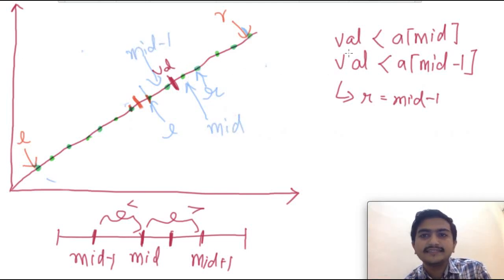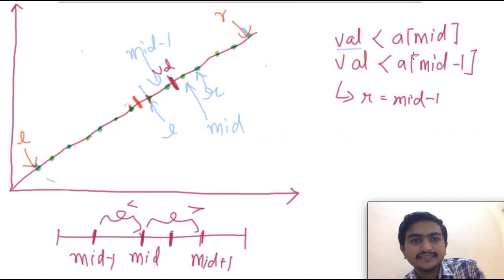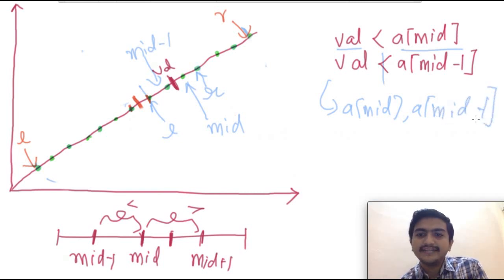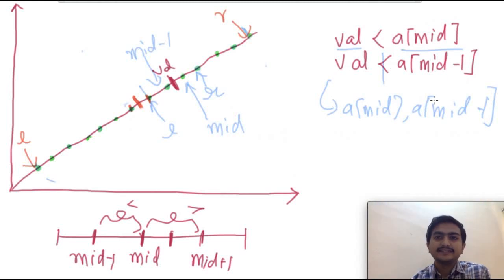Then the value is less than a of mid, but it is not less than a of mid minus 1. Then what you can do is just compare the two values a of mid and a of mid minus 1, whichever is closer will be your answer. You don't need to check other values, because the value lies in between these two places.